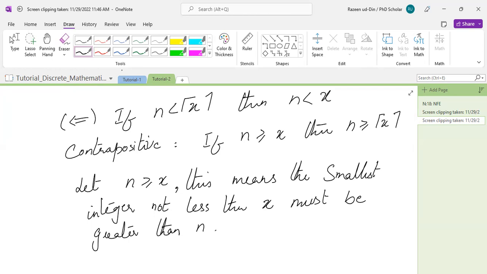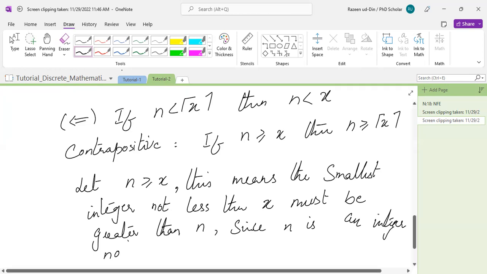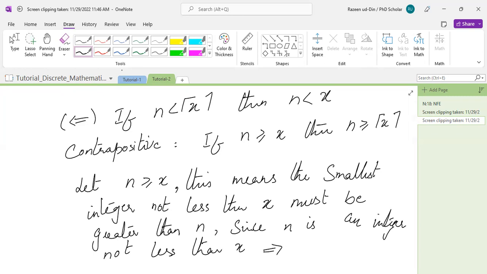Okay, now since n is an integer not less than x, it implies n is greater than or equal to ceiling of x.